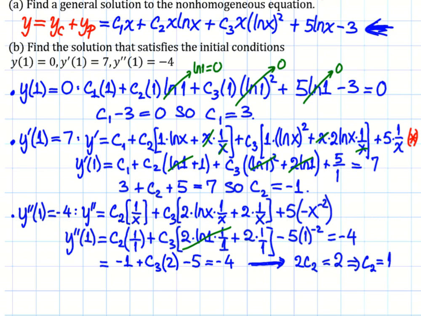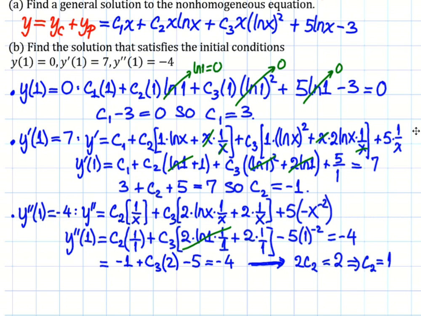And finally, we'll go back to the general solution. This is the general solution. And we're going to put in C1, C2, and C3 into that.